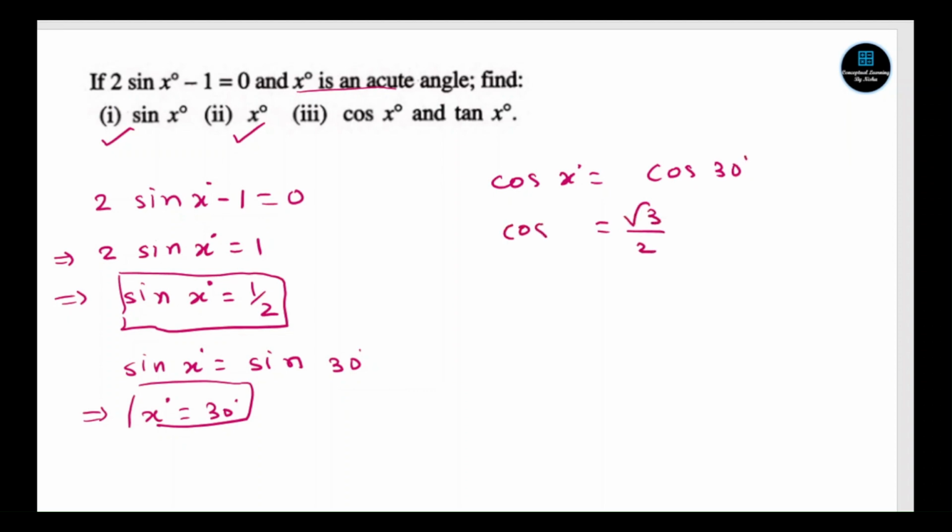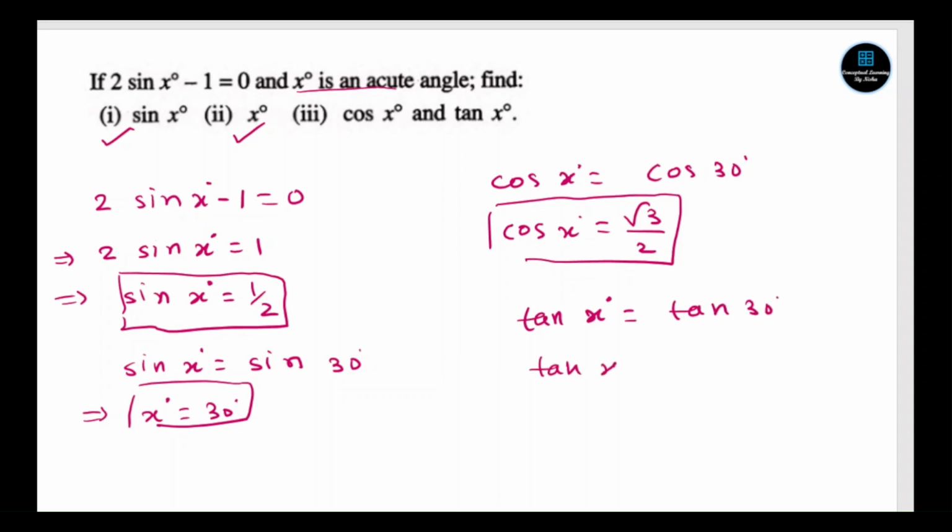So I got this also. Alright. And the fourth one, tan x degree equals tan 30 degree. So I can say this tan x degree is nothing but 1 over square root of 3. Very easy question, right? Alright, perfect.